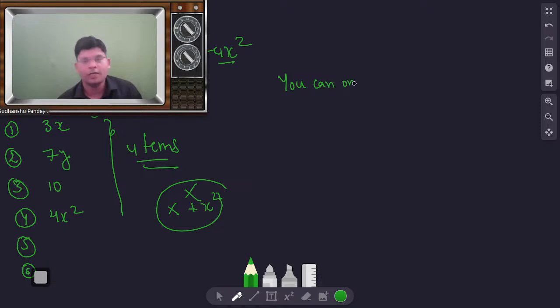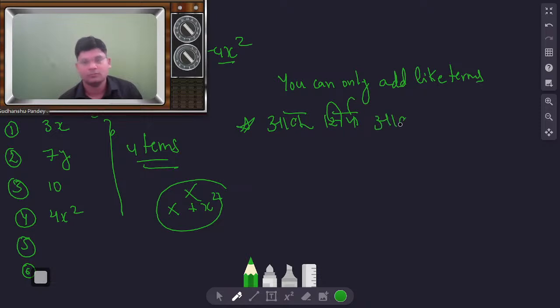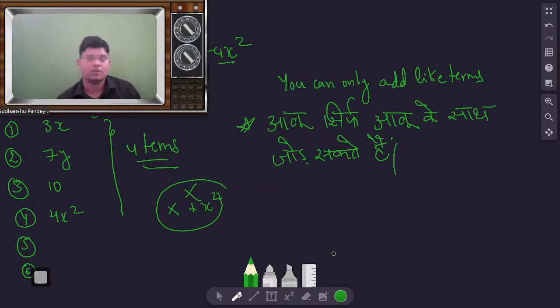You can only add like terms. If you want to write in Hindi, you can write आलू सिर्फ आलू के साथ जुड़ता है. You can only add potato to potato.